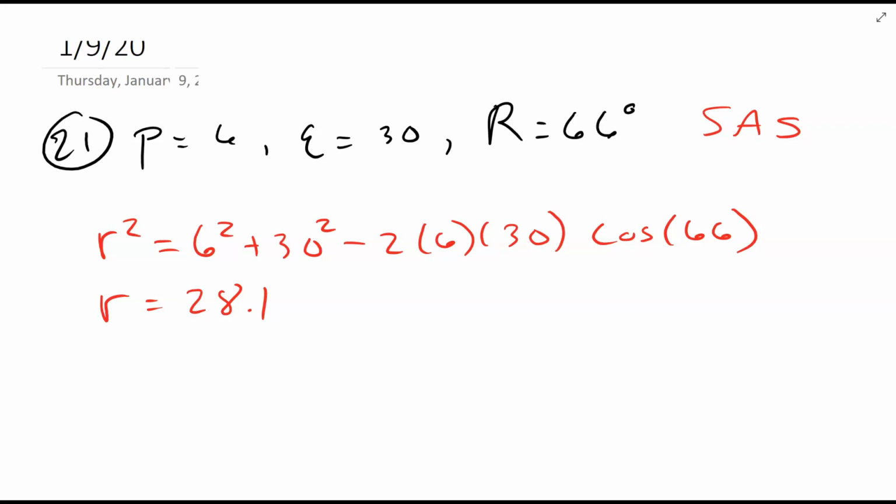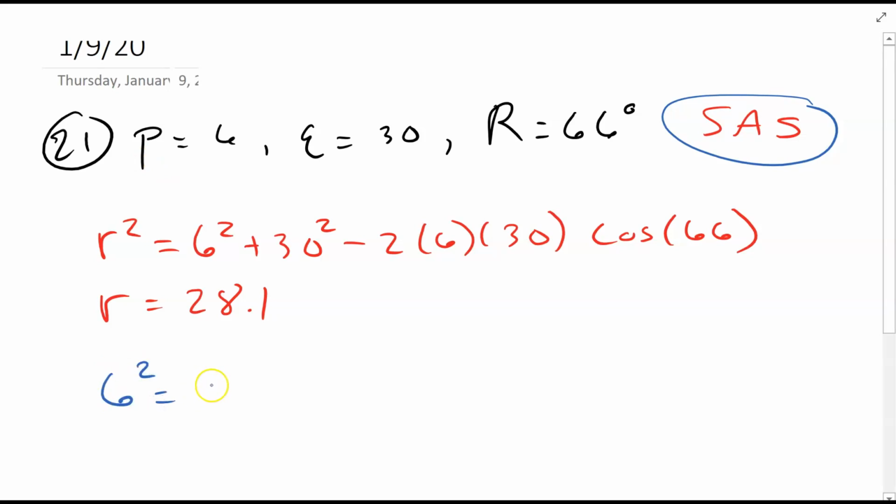Now, when I'm dealing with a side angle side situation, when I go to solve for the angles, I want to find the smallest angle first. So I'm going to be looking for angle P next. And that's important.